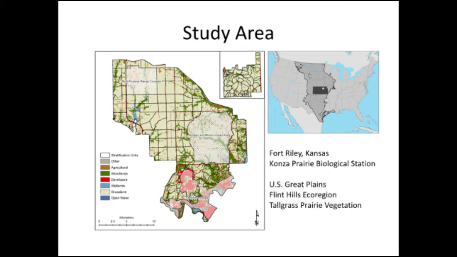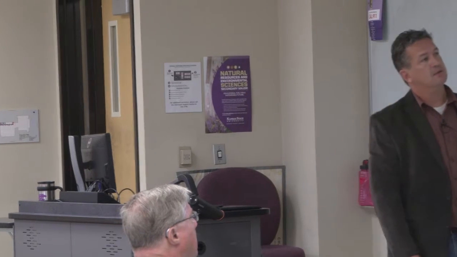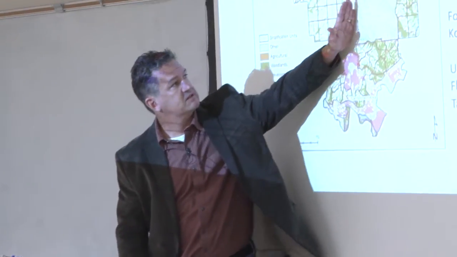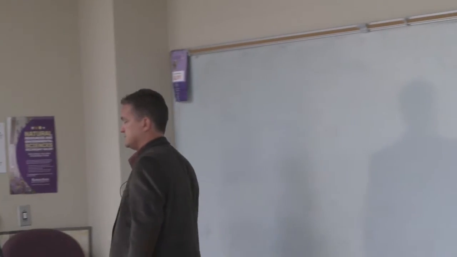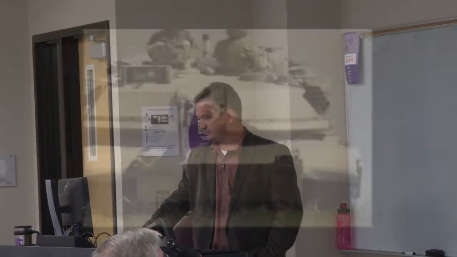And what I mean by mechanized is they like to run their tanks and armored vehicles all around Fort Riley. In particular, this area, the northwest part of the installation, north of about this line and west of the artillery and mortar impact area, gets significant use by military vehicles.